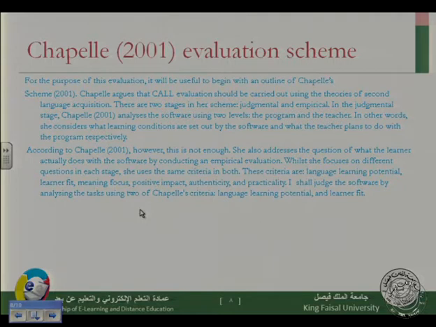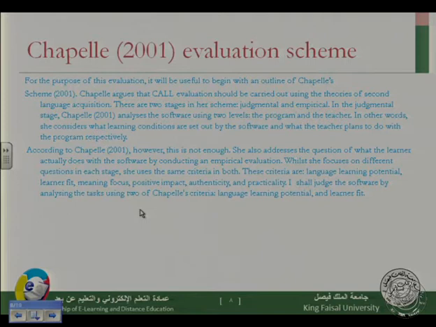I shall judge the software by analyzing the task using 2 of Chapel's criteria: language learning potential and learner fit. So we can go on talking about the software, but it's going to take us forever. So I selected just 2 criteria to evaluate the software, but I'll give you some ideas about these.